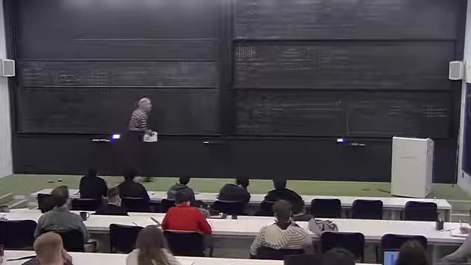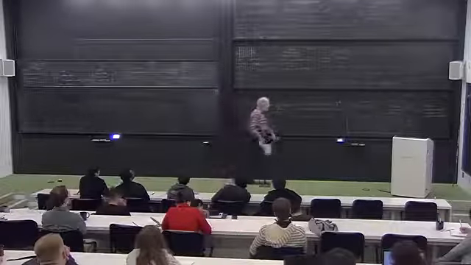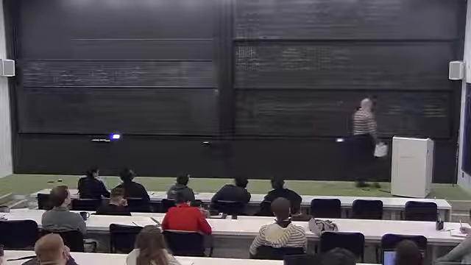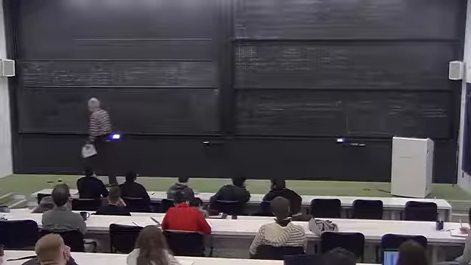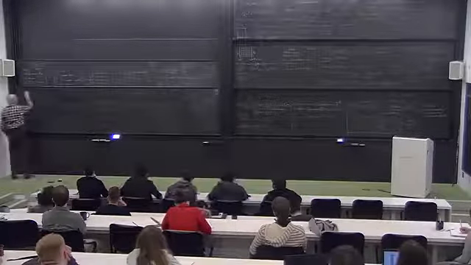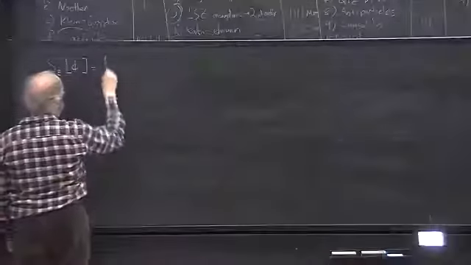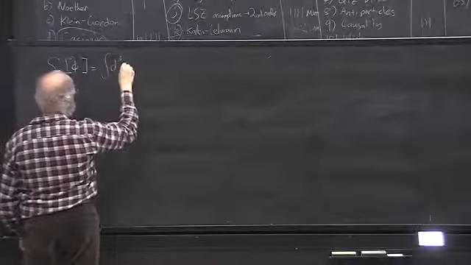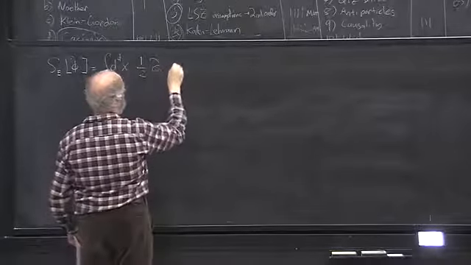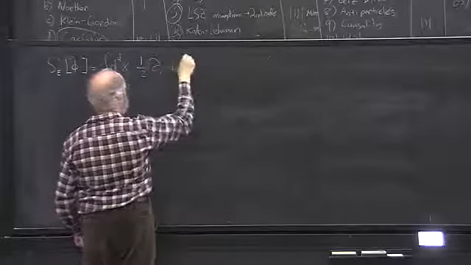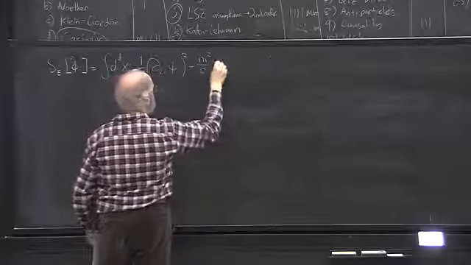This is a Gaussian integral because the Euclidean action is just the integral over d^d x of 1/2 of (d mu phi) squared plus m squared over 2 phi squared.